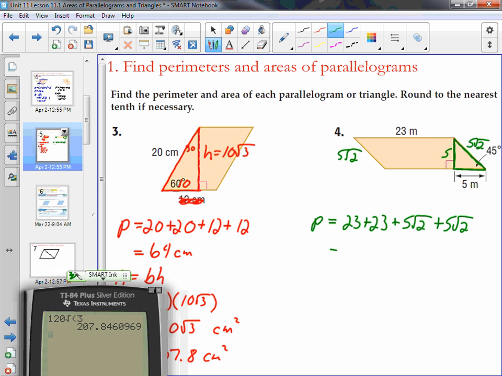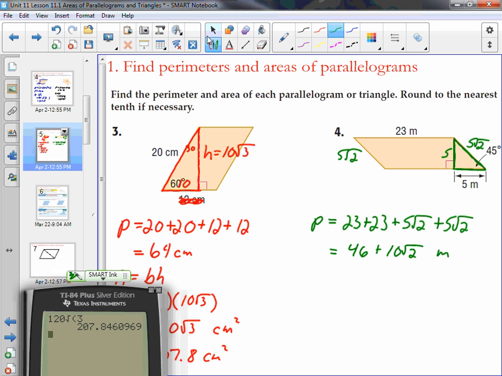Okay. So I know that 23 plus 23 is 46. If you had 5x plus 5x, you'd call it 10x, right? So if you have 5 square root of 2 plus 5 square root of 2, that'll be 10 square root of 2. That's measured in meters. So that's our exact answer.